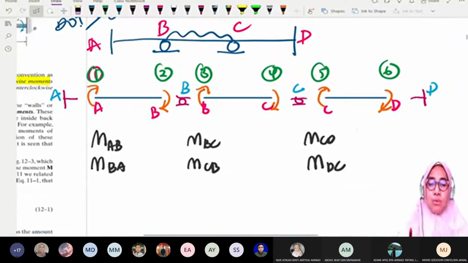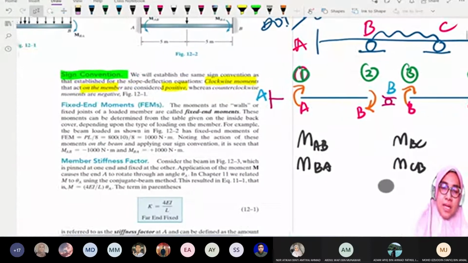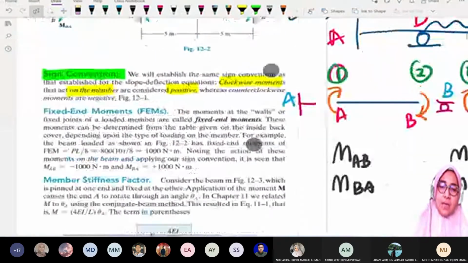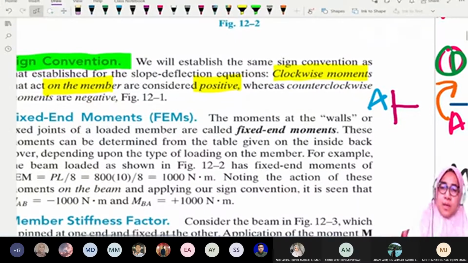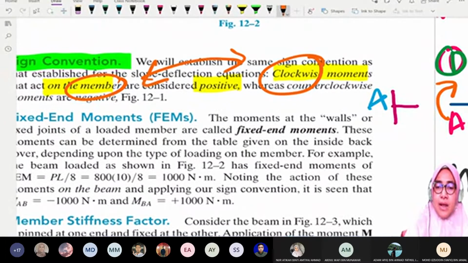What I want to say is, the sign convention mentioned in this chapter is about clockwise moment acting on the member. The keyword is member. This is for members only.